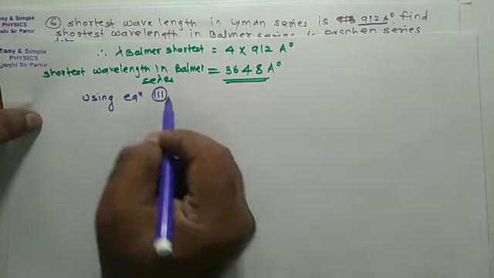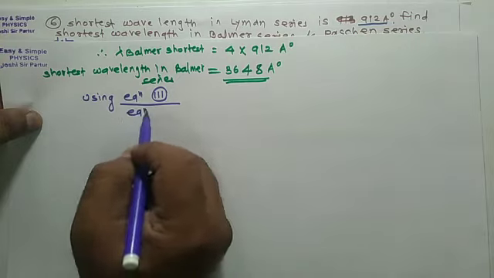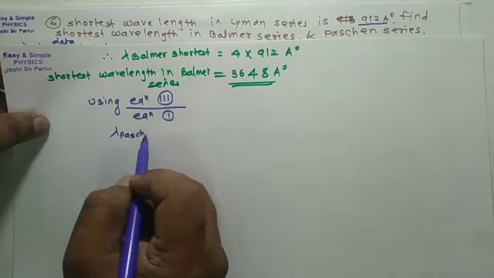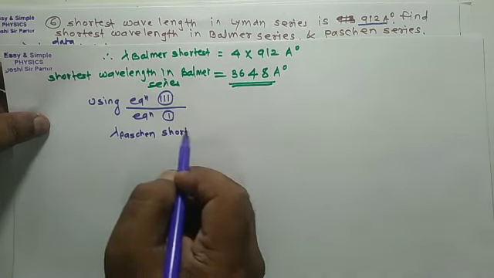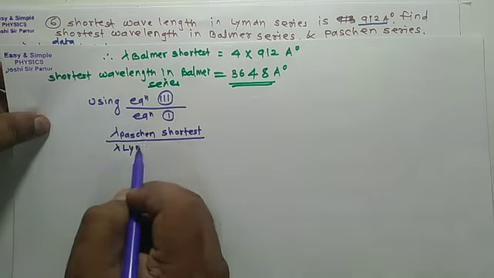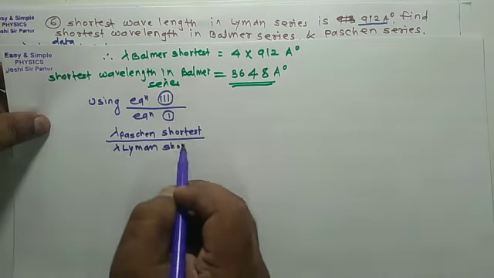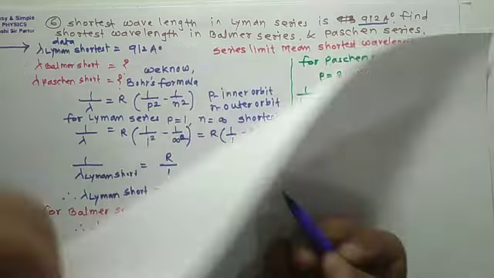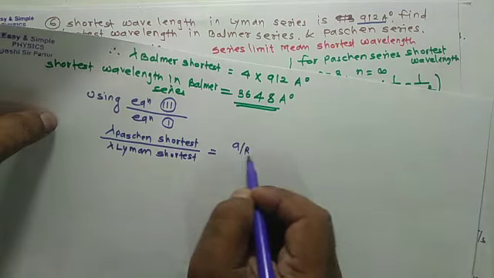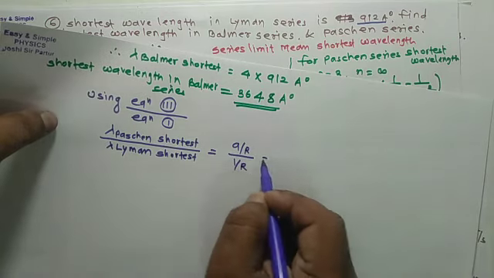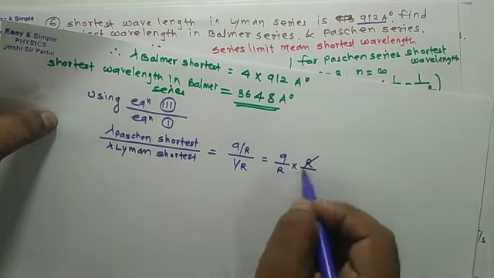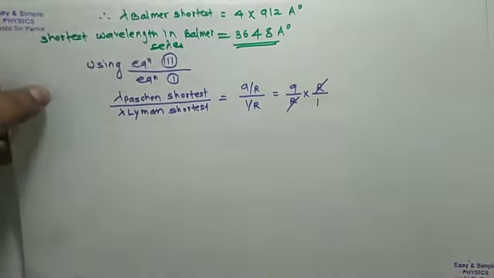Using equation 3 divided by equation 1, lambda Paschen shortest divided by lambda Lyman shortest is equal to, see here, 9 upon r divided by 1 upon r, that is 9 upon r multiplied by r upon 1, r gets cancelled.